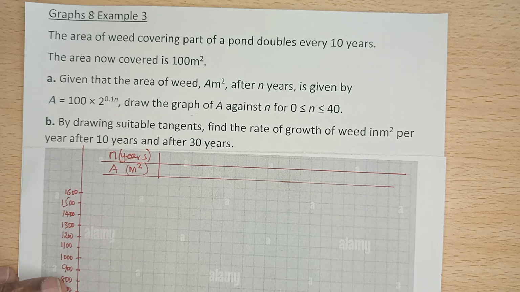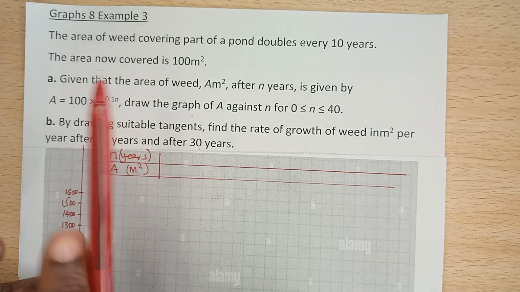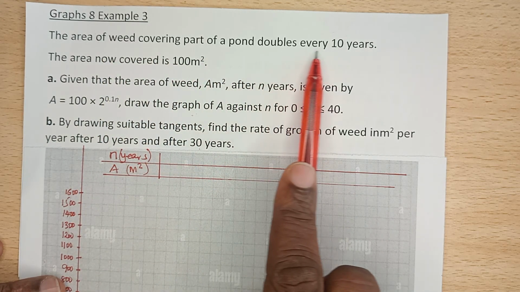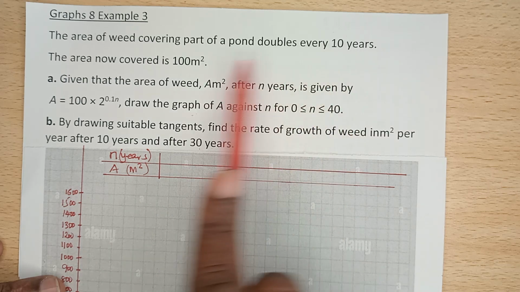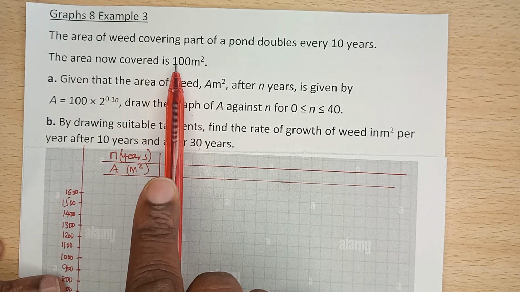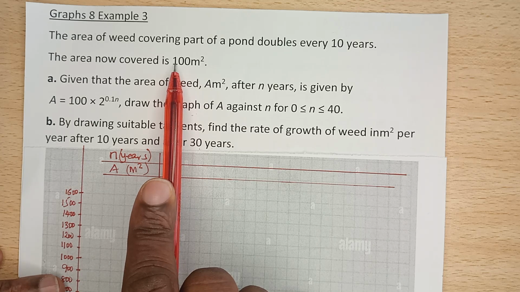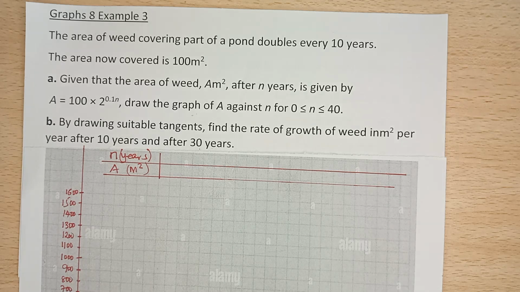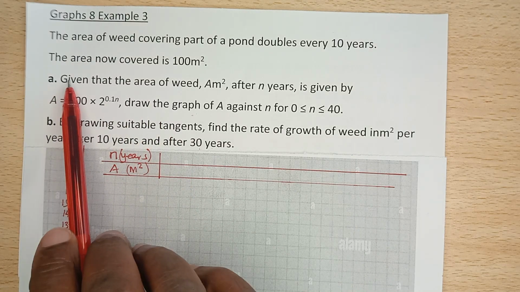Kamotho. And I want to explain example 3 of graph 8, and we are told that the area of weed covering part of a pond doubles every 10 years. The area now covered is 100 meters squared at time 0.